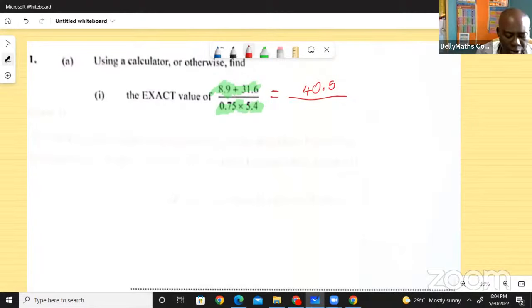So 40.5 must be divided by 0.75 times 5.4, and this actually gave me 4.05. Finally, we're going to divide 40.5 by 4.05, and our answer is 10.